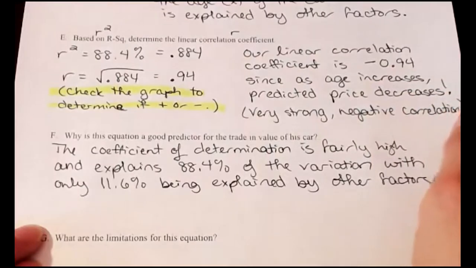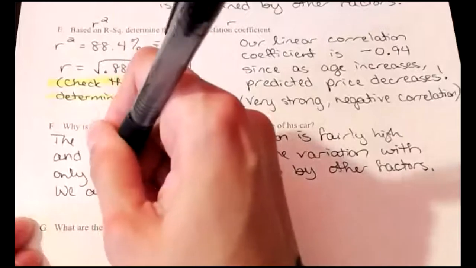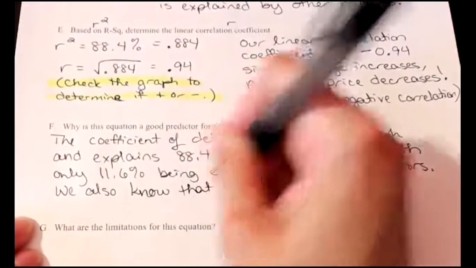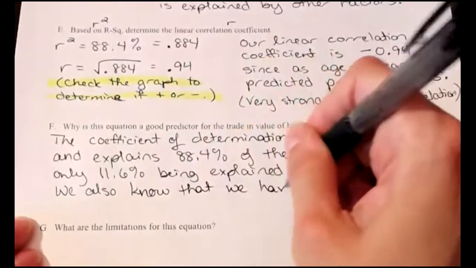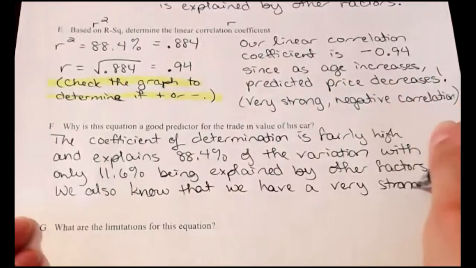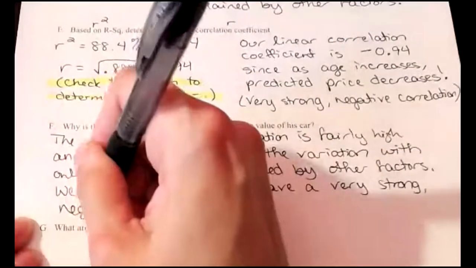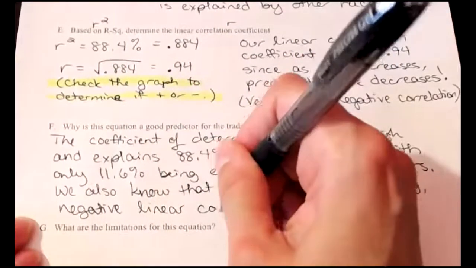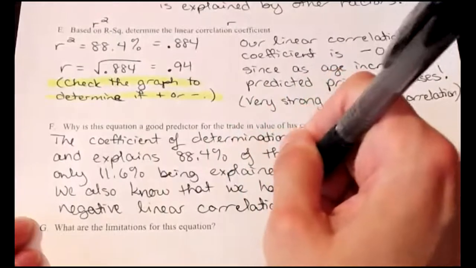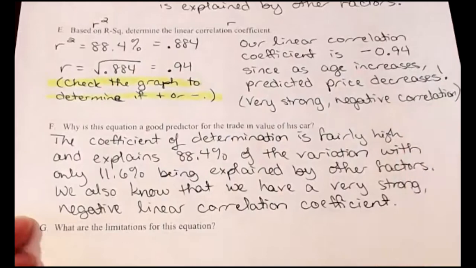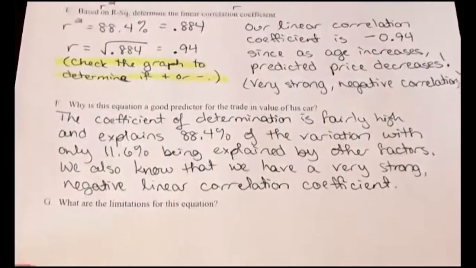That's really, really massive. But in addition to that, we also know that we have a very strong negative linear correlation coefficient.